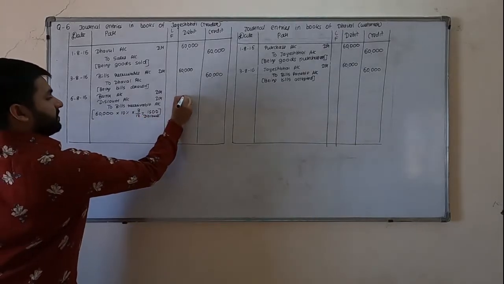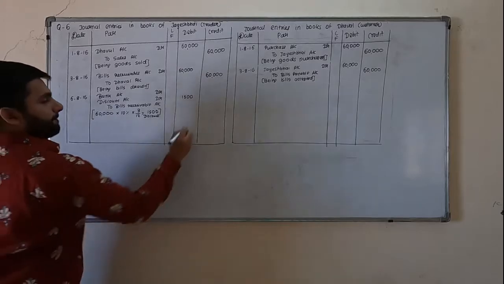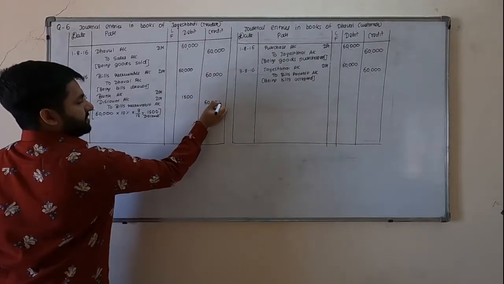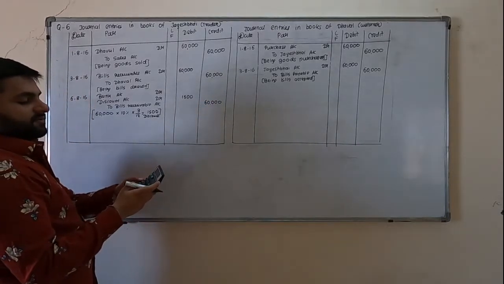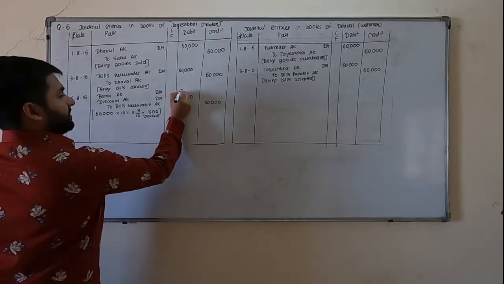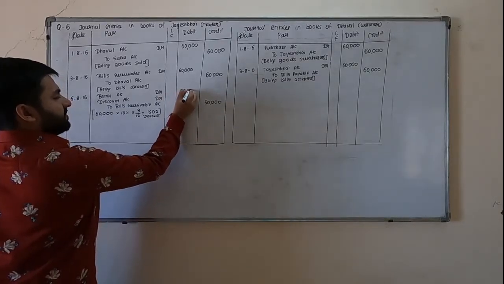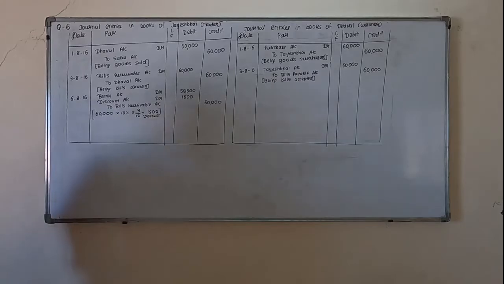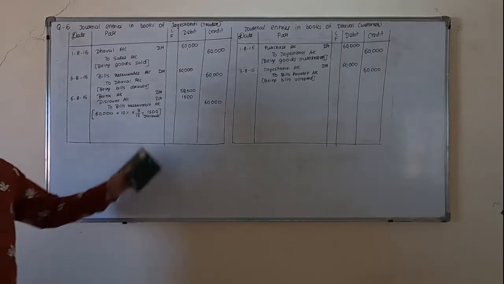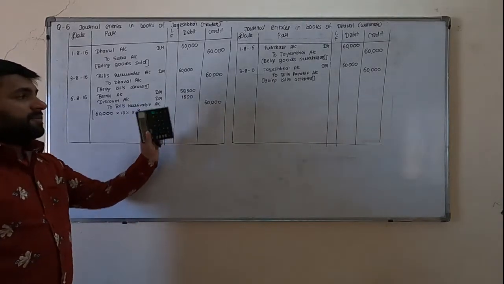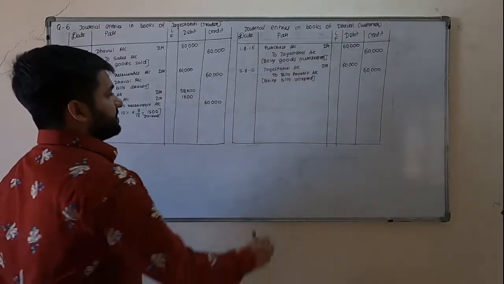Discount will be debited with 1500. Bills will be of 60,000. Now 60,000 minus 1500 is 58,500 debited here, because he is receiving the amount in his bank account after deducting 1500 rupees discount.